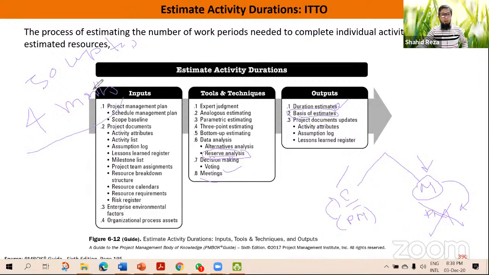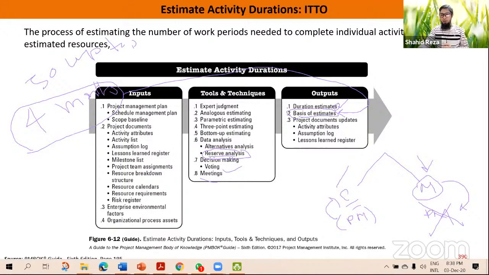So these supporting documents are actually the basis of estimate. If management asks you why 50 laptops are taking 4 months, then this supporting document will help you answer: because the vendor will bring these laptops from Singapore and they will take 3 or 4 months. And this is well written in your document.